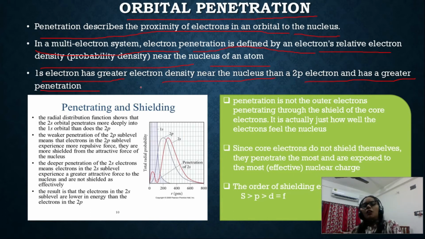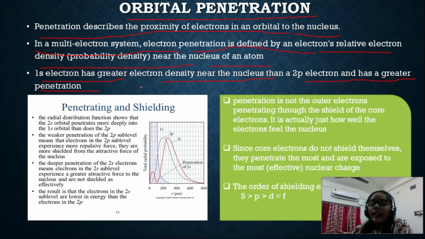Now I'm telling you what orbital penetration is. We all know we have a positive mass, the nucleus, and around the nucleus all the electrons are revolving, right?